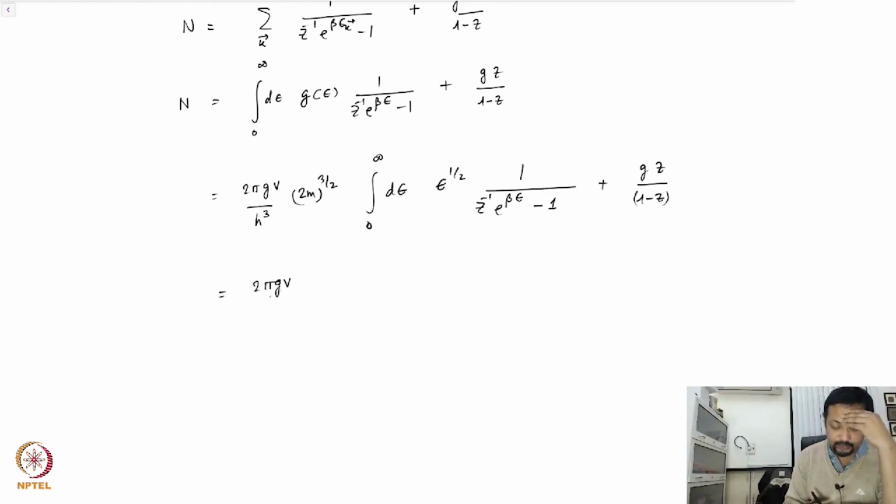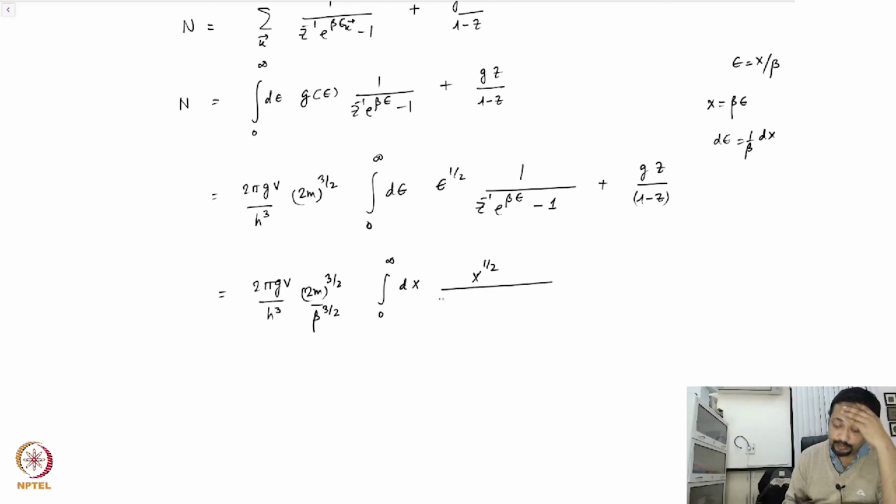I will again substitute x equal to beta epsilon here, so that d epsilon is 1 by beta dx and epsilon is x over beta, so that I have beta to the power 3/2, and then integral 0 to infinity dx x to the power half over z inverse e to the power x minus 1, plus g z over 1 minus z.